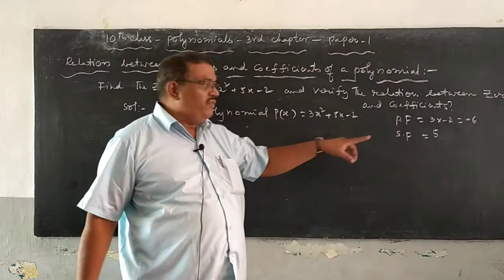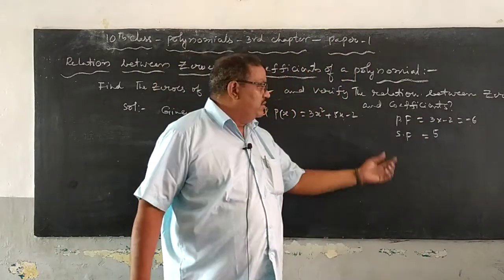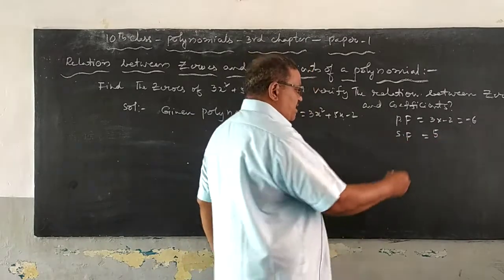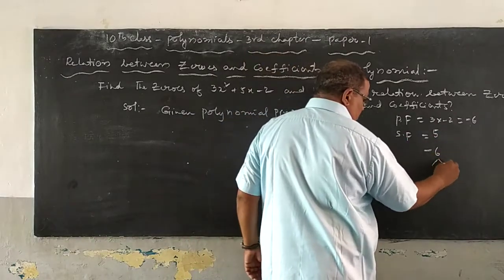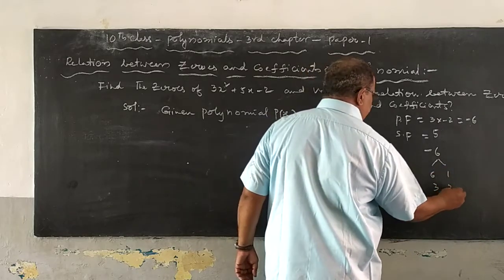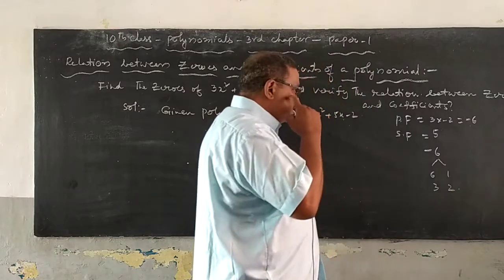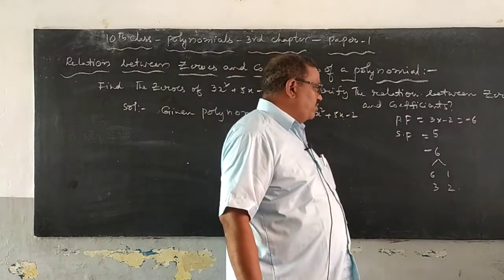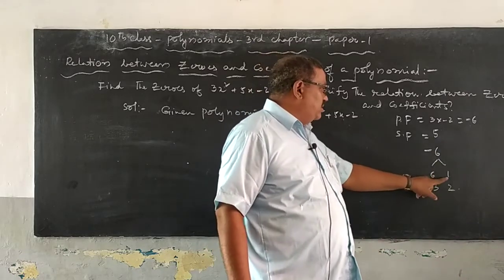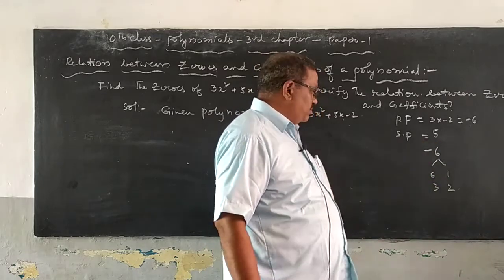How do we find the factors of minus 6, choosing the sum of factors as plus 5? For minus 6 factors, 6 ones are 6, 3 twos are 6. Which one is correct here? We need to get minus 6. 6 ones are 6, but the sum of factors is plus 5.